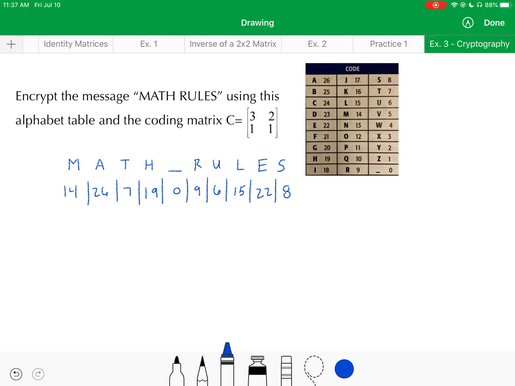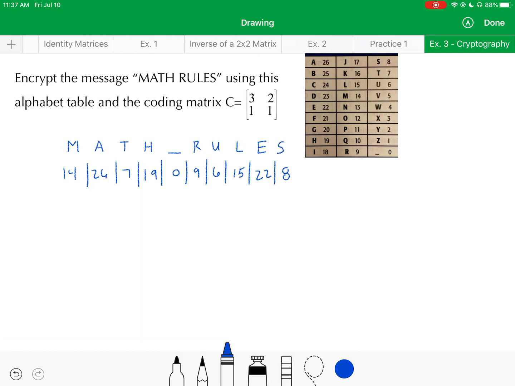All right. Now what you're going to do is organize this into a matrix that has 2 columns, okay? And based on how many letters we have here, this is going to end up being a 5 by 2 matrix. So the first column would be 14, 26. Notice those are just the first 2 letters from your message.